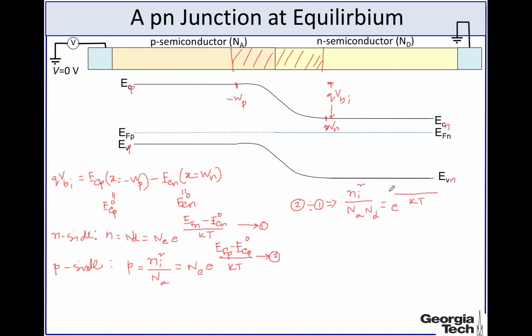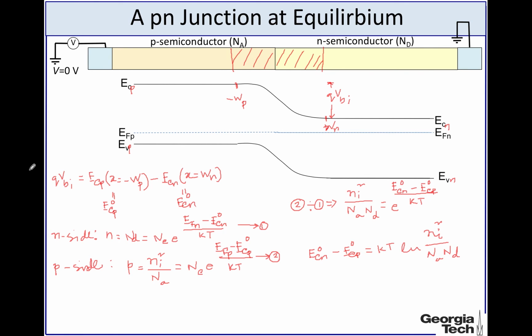So finally what we will have is ECN0 minus ECP0 equal to KT ln Ni square over Na Nd.